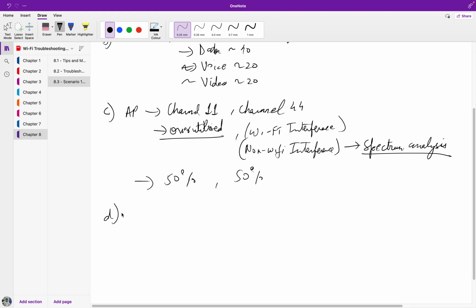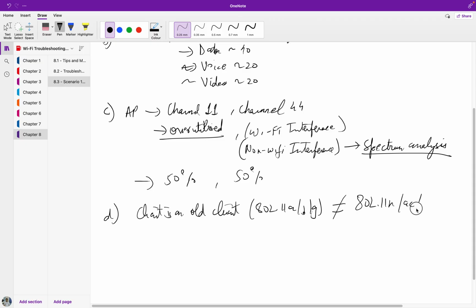So the next place to look at is the client capability. Let's say my customer wants the client to get a lot of throughput, but my client is an old client which only supports the 802.11a, b, or g protocol. It doesn't support .11n, .11ac, or .11ax.